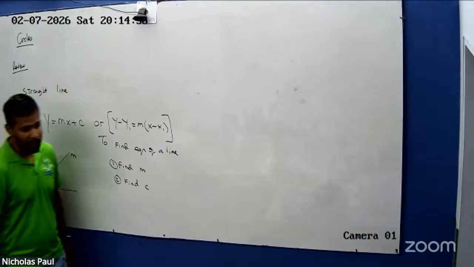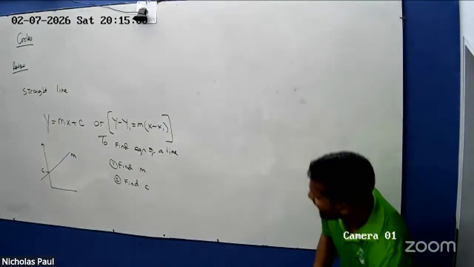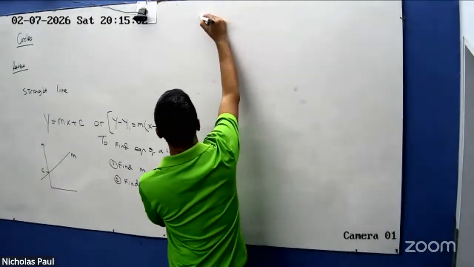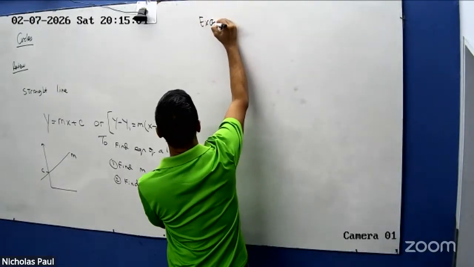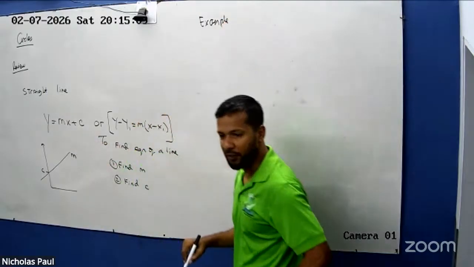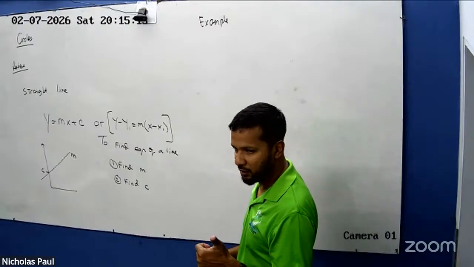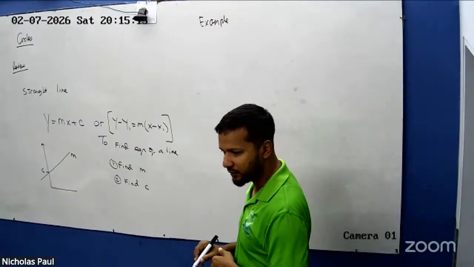So I just want to review how to find the equation of a line, and let's just do an example. After the line, what's the next shape that we learned? What have we been doing for the past few weeks?